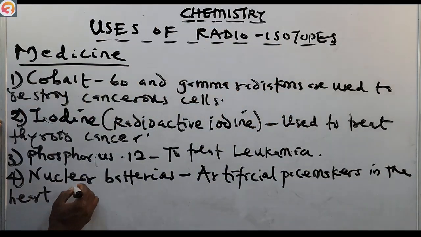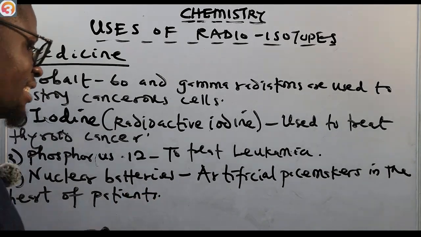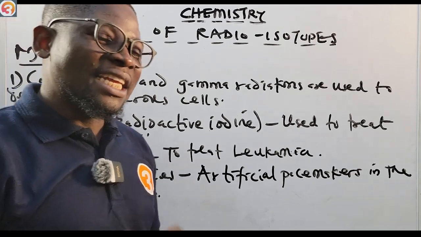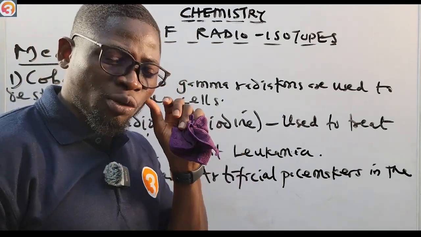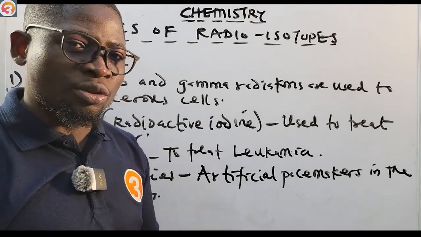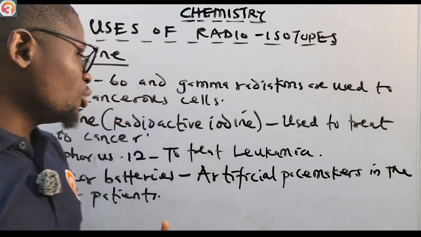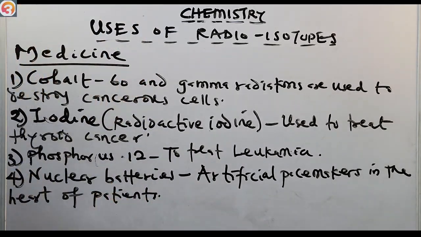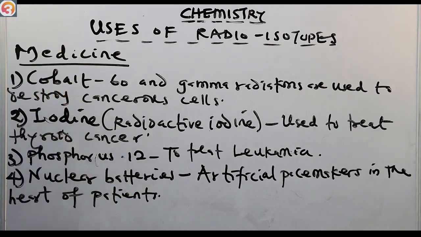They are implanted into the heart of patients and help the doctor calculate the heart rate and run simulations. It's like a wire that is connected to the heart. So these nuclear batteries find application in artificial pacemakers, to check the heart rate and simulations.